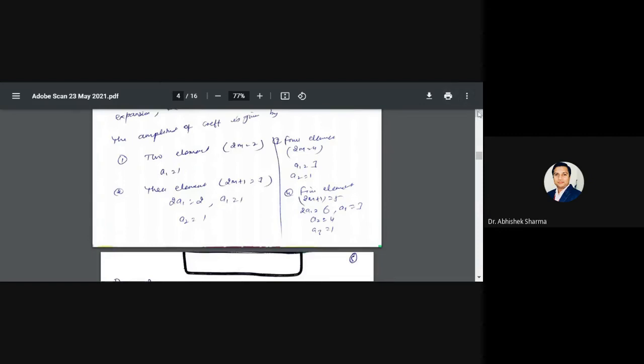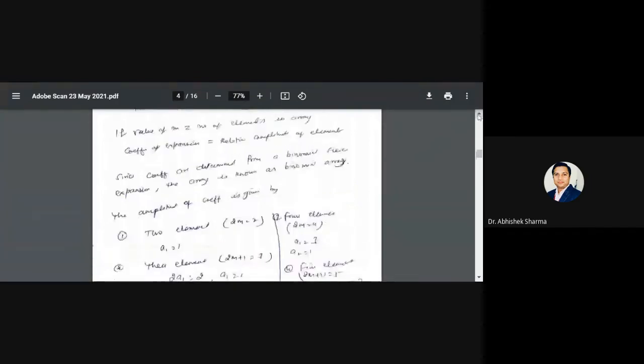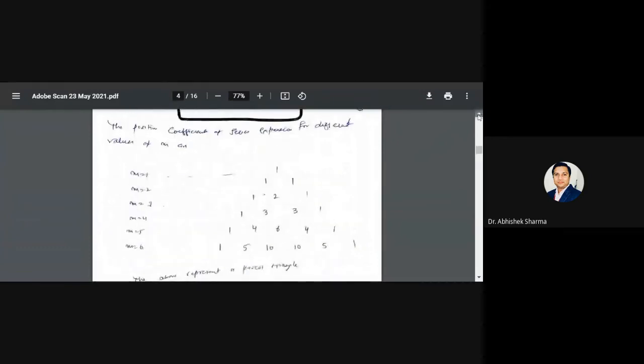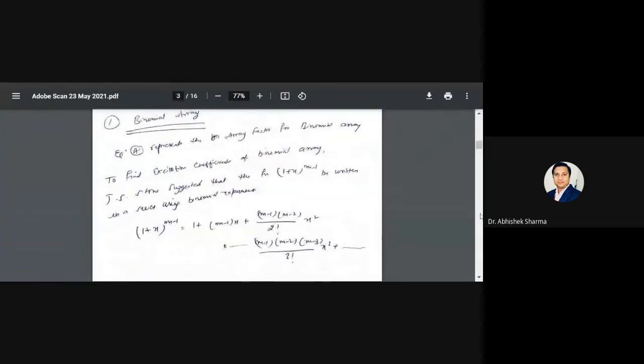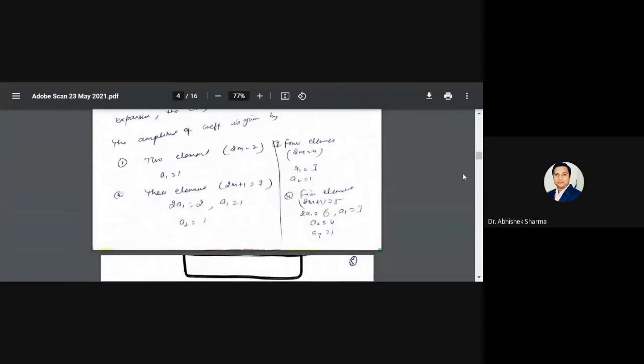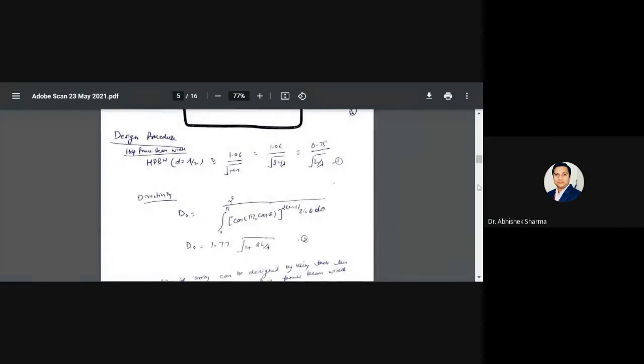He may give you: design a broadside binomial array with 10 elements which are equally spaced by lambda by 2, and finally find the half power beamwidth and directivity.